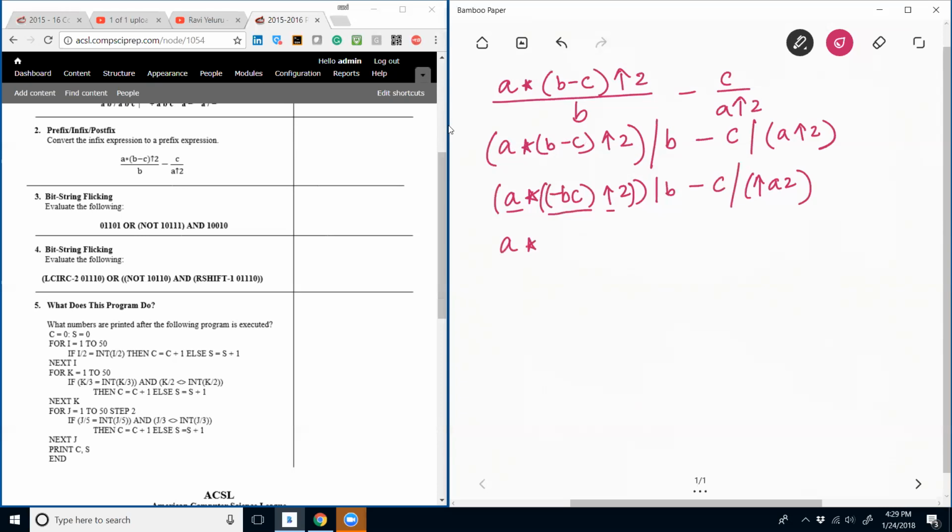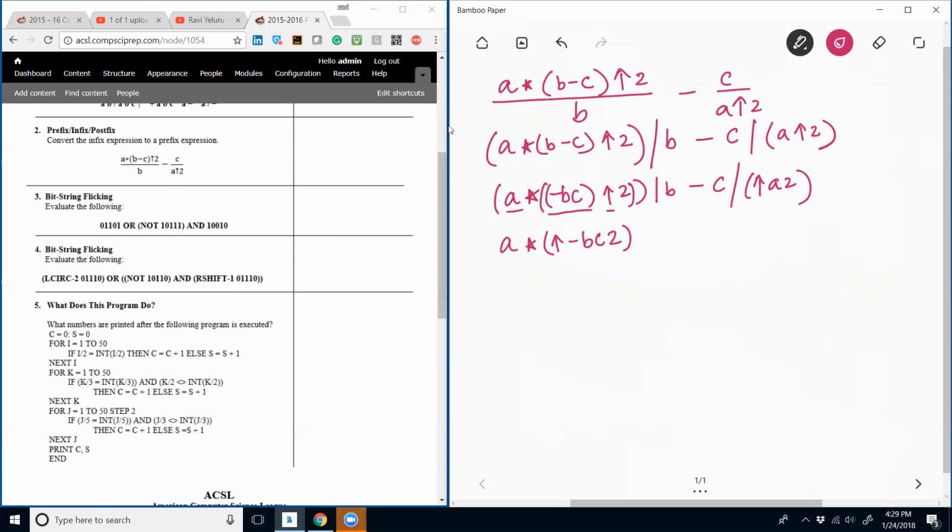So I am going to put this in the front and then write minus bc and then the 2. Okay, so everything is coming into one big shape. Now this whole thing is converted like this. If you want to pause it and take a look at it, do that.